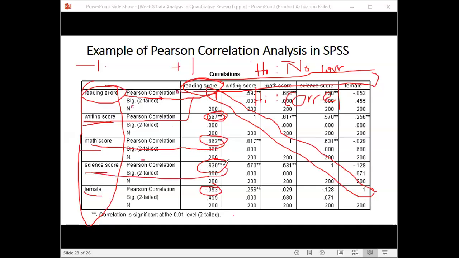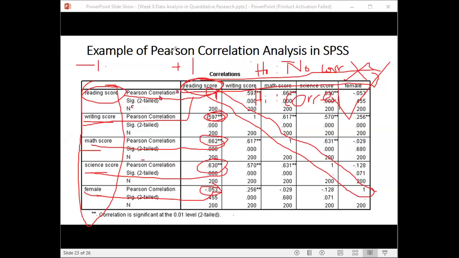Science score against reading score. Female against reading score. Okay, so if you see it as positive, it tells you that it has a positive correlation. If you see the stars on it, it tells you that you are rejecting the null hypothesis, which is saying there's no correlation, and you are accepting the alternative hypothesis saying that there is a correlation. So if it's positive, there's a positive correlation. If it's negative, there's a negative correlation.